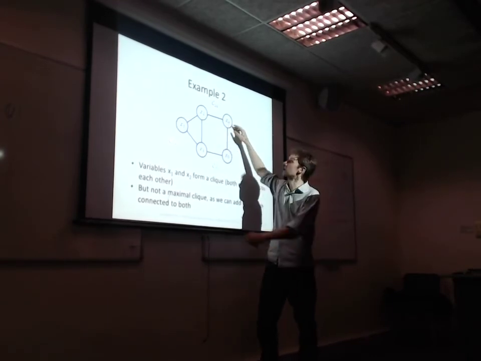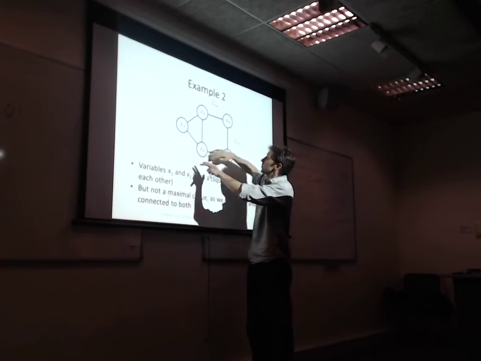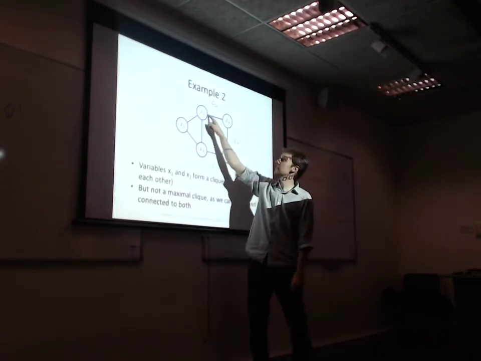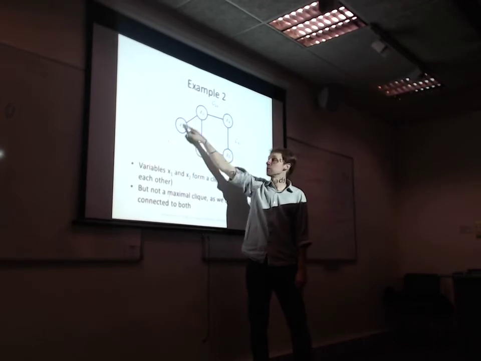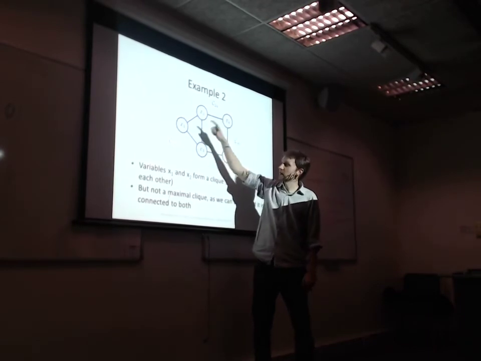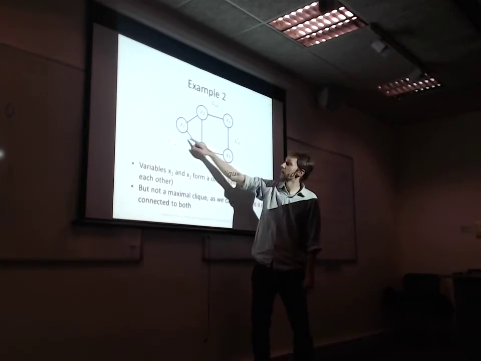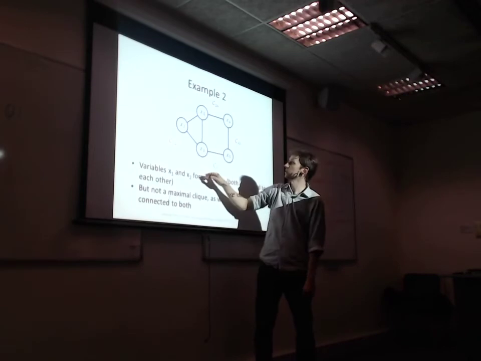We'd be able to say, great, x4 is part of our group. But we can't add x4 because even though it's connected to one of our members, x4 isn't connected to x1 and x4 isn't connected to x3, not directly. So x1, 2, 3 is a maximal clique.